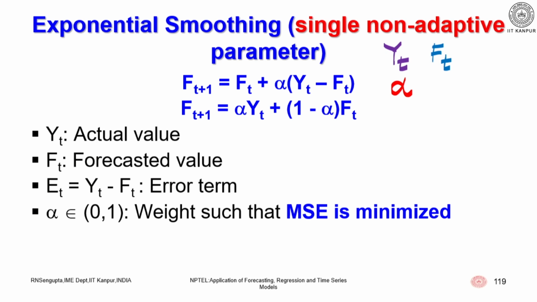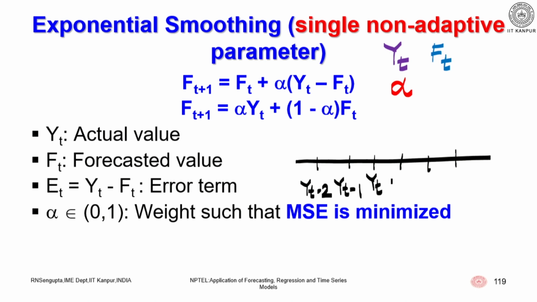So, the formula basically becomes that if I have the time frame, I will utilize the black line to denote the actual value. So, you have these values denoted by y. So, this is y t, this is y t minus 1, y t minus 2, and it will continue. While if I draw the forecasted values, I am just drawing a line in order to denote, and we will come to the example very soon.